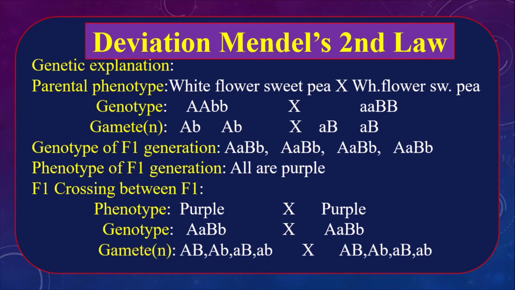Gametes will be haploid: capital A capital B, capital A small b, small a capital B, small a small b.